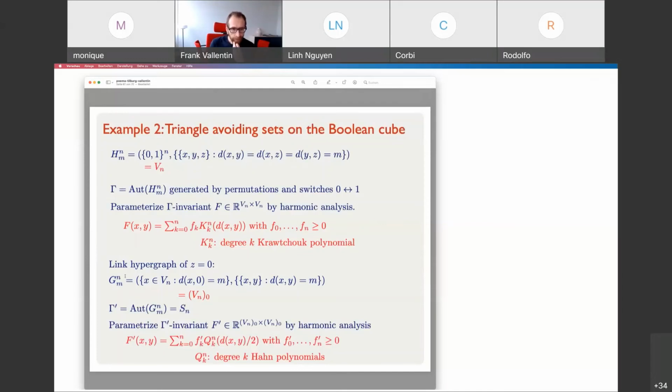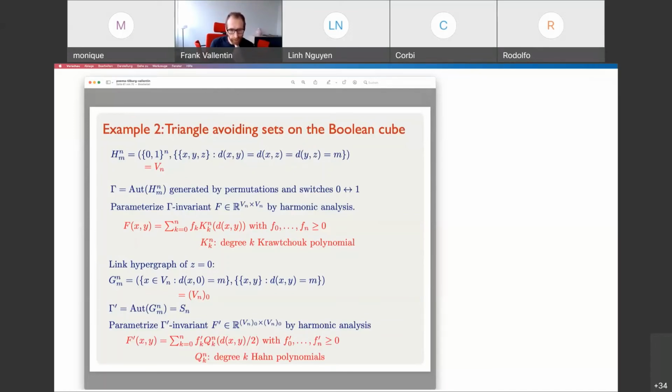Then the group of automorphisms of the link hypergraph is now simply the group of all permutations. And now we again parameterize all gamma prime-invariant f primes, again by harmonic analysis.